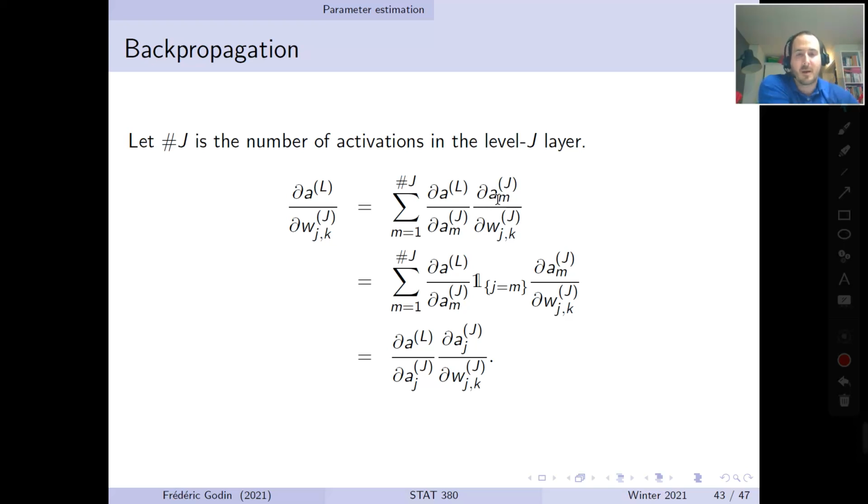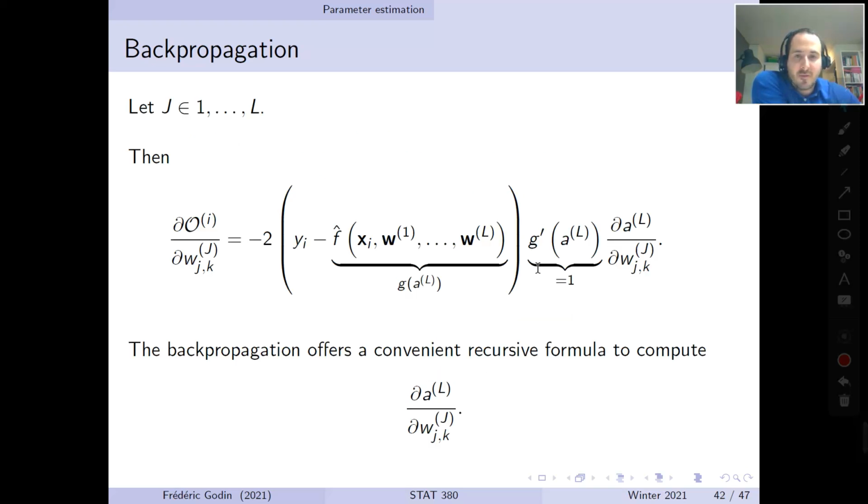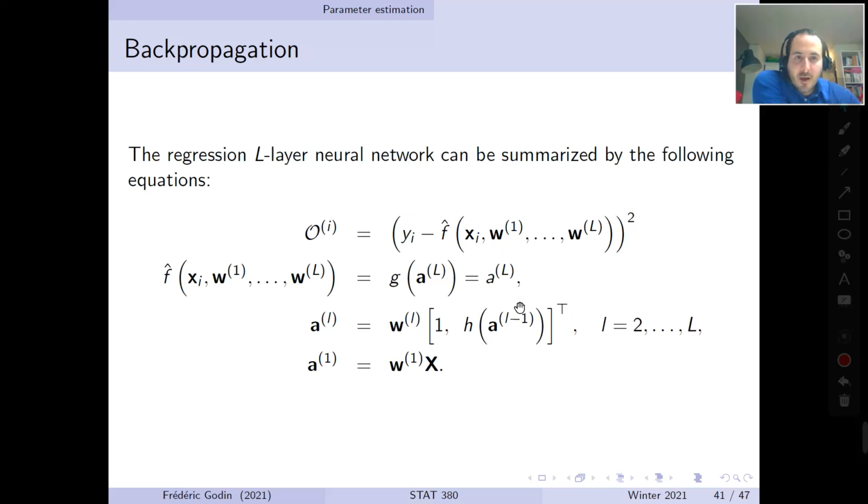This is simply the chain rule of calculus, where the intermediary values we consider are activations of the same layer. Furthermore, if we go back a few slides to how these activations were calculated, the activations on the next layer are calculated as a linear transform times the vector containing 1 and h applied to the activations of the previous layer.